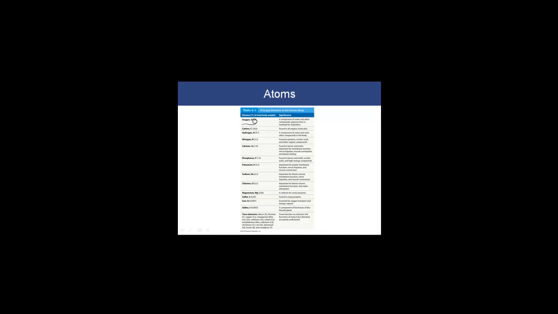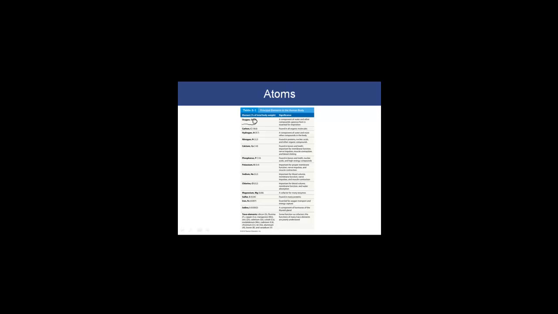Other key figures: carbon and hydrogen, nitrogen, calcium, phosphorus, and so on and so forth. At the bottom of this table, we have a list of trace elements. These are elements found in very small amounts. We have a little bit of aluminum in our bodies, a little bit of cobalt, a little bit of copper, for instance.